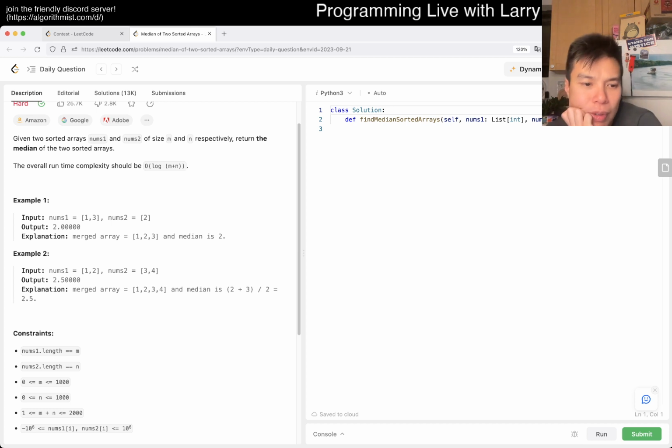So what would be something that we can do, right? My first idea, to be honest, is just binary search for the answer.